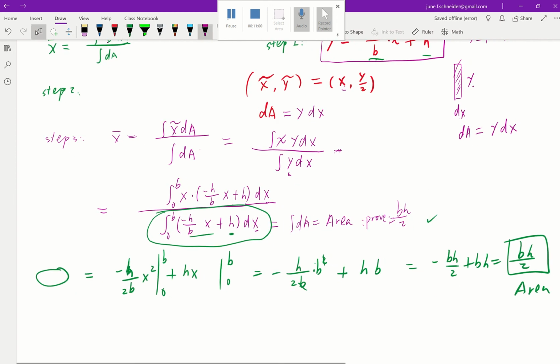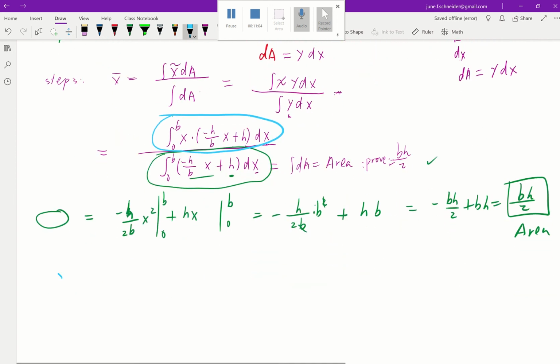Now, let's go ahead and solve the numerator. So for the numerator, what do we have? The first term is going to be negative h over b x squared, right? Then when you integrate that, it's going to be negative h over b x cubed over 3.